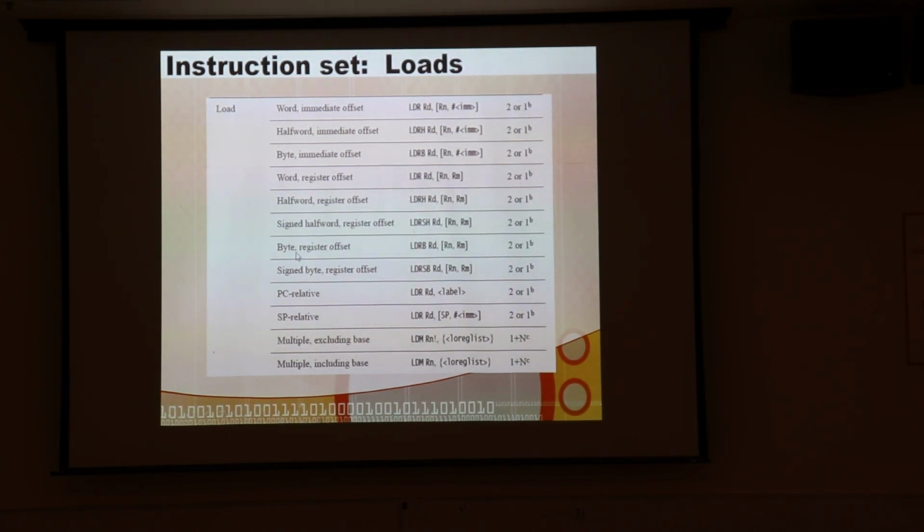And we also have a byte register offset and a signed byte register offset. So in this case, you're moving a byte into a register. Well, what are you going to do with the other 3 bytes for which there's space in that register? Because all the registers are 32 bits. Are you just going to leave junk there? No, you're going to either sign extend or zero extend those remaining 3 bytes.